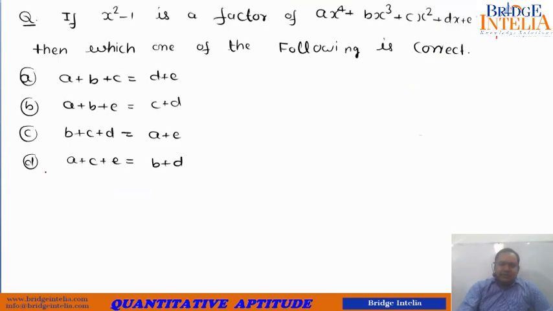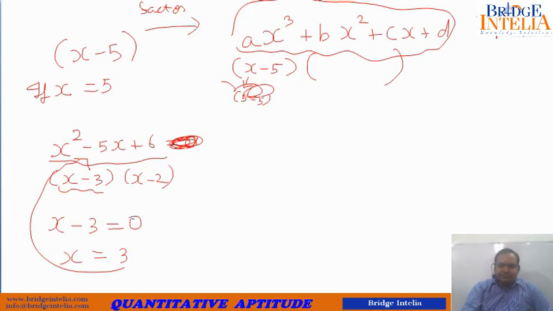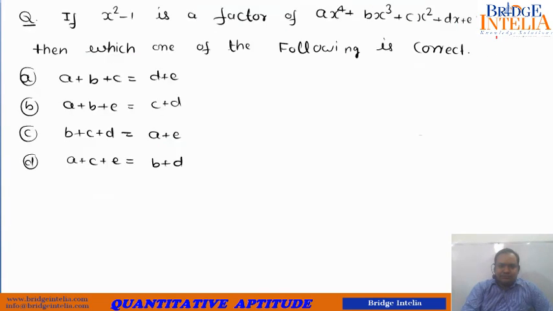Now let's move to this example and see what is being conveyed to us. This is the question. It is being conveyed that if x square minus 1 is a factor of this expression, then which of the following is correct?